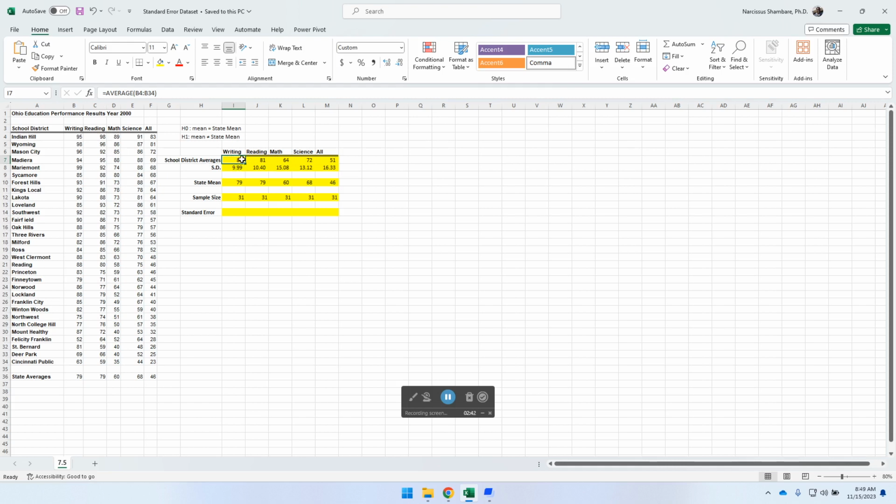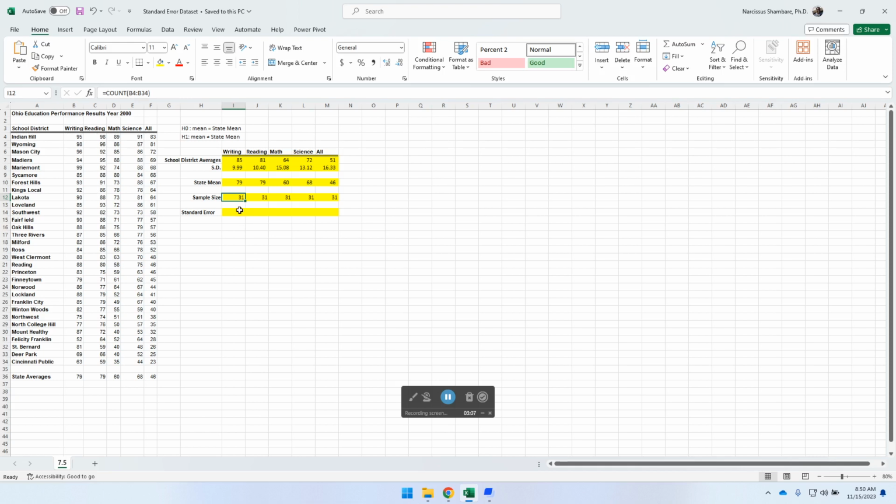The mean is, of course, the average, and for the standard deviation, I just use the standard deviation function, again for the same range. Then the state mean is given there, even though we are not going to use it to calculate the standard error. The sample size is simply counting how many data points we have.